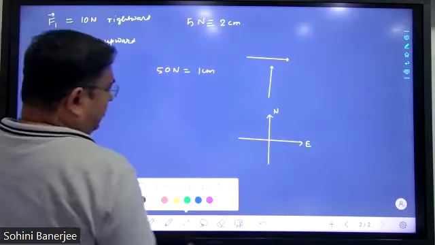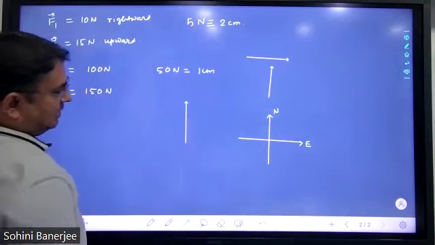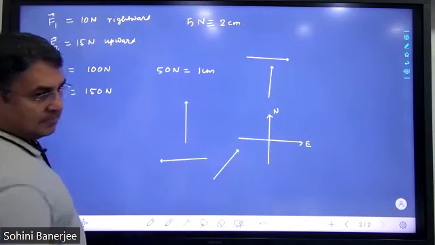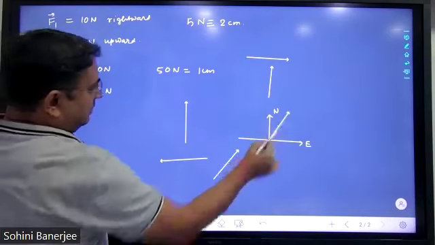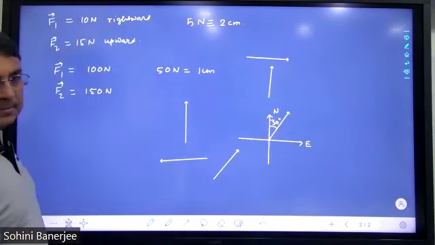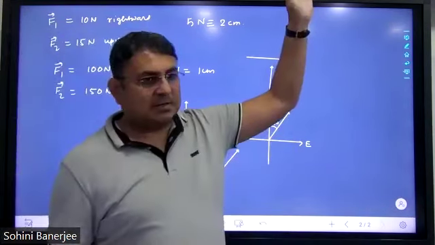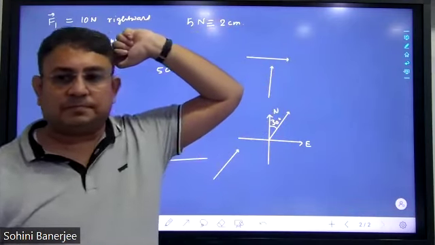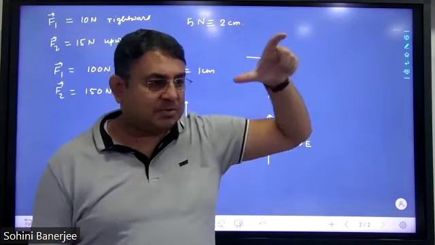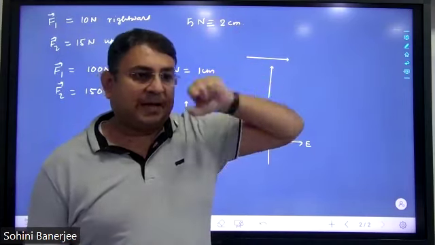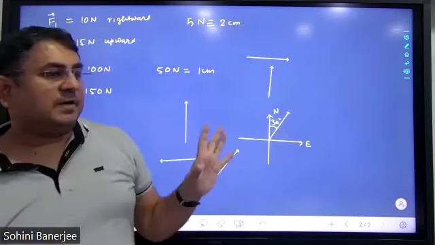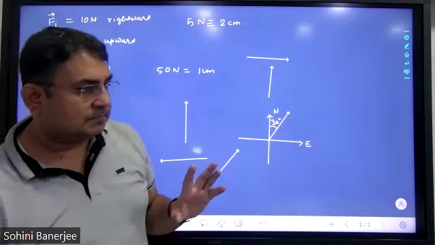Now it is mentioned a boy is moving due north. A boy is moving due west. A boy is moving northeast. A boy is moving making 30 degree with northeast. 30 degree with north towards east. So like this, these arrows will be giving the directions of the vector. So the length represents magnitude with a proper scale, and arrows give you the direction. That is how we represent vector in geometry. Okay.